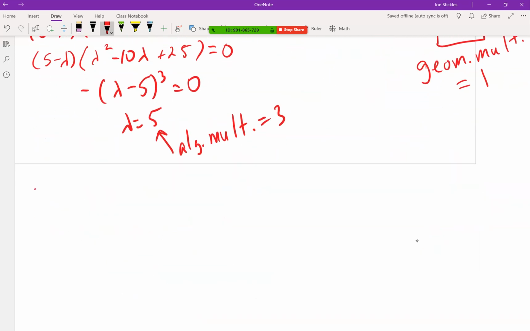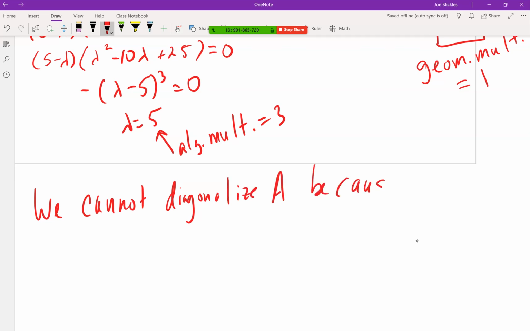The conclusion here is we cannot diagonalize A because we cannot find 3 linearly independent eigenvectors.